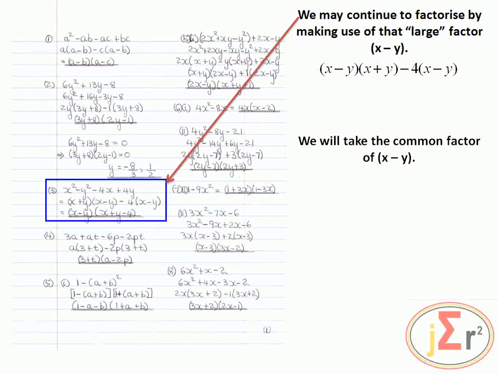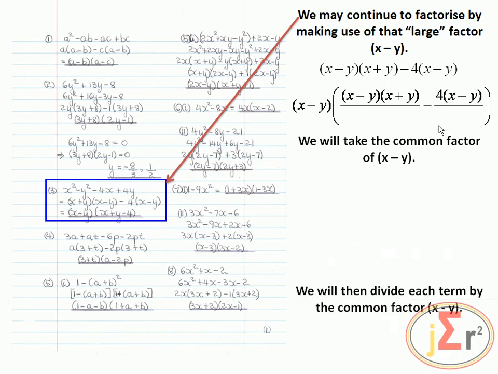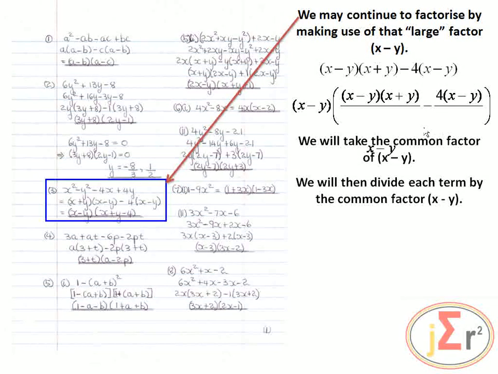Always when we are factorizing, we take the highest common factor and divide each term by the highest common factor. So take our highest common factor, and here we have the terms. We will divide them by the highest common factor, and no doubt we see them cancelling, and we see them cancelling.